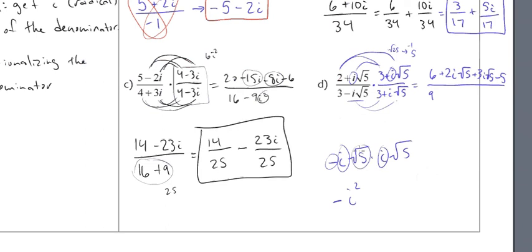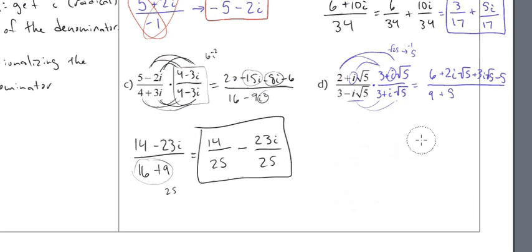And square root of 5 times square root of 5 is 5. Now, i squared is negative 1. So we have a negative, negative 1, that's positive 1, times 5. So plus 5. Alright, there's all the work for that there, but all that turned into just 5. It's a really ugly way to write 5 right there.